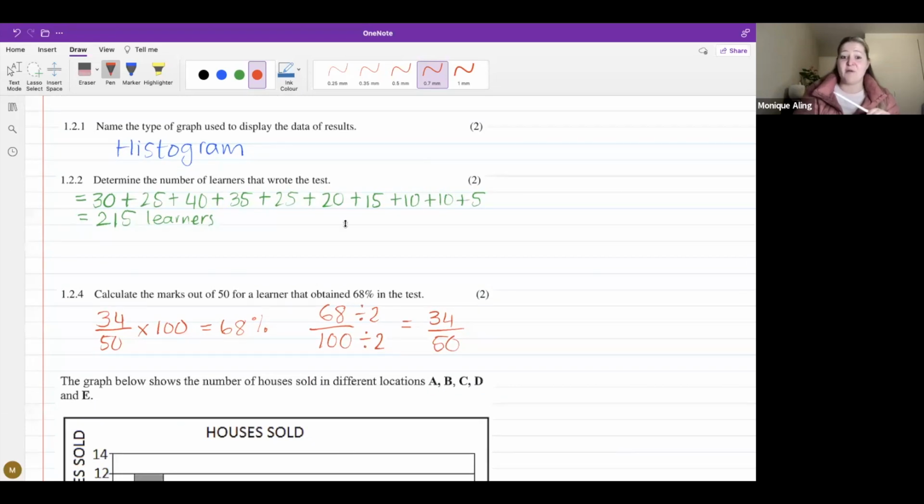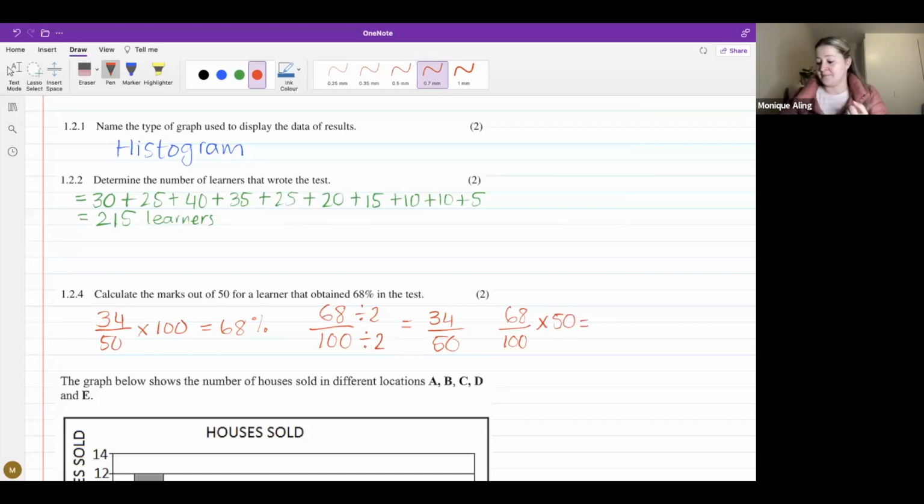And then, Katlego, I was about to say, there is another way, and that way is brilliant. Well done. Another way you can work out that the mark was 34 is you could say 68 over 100. So we put it from percentage into a fraction. And then we just times by the mark we want it to be out of. So I'm just going to times by 50.